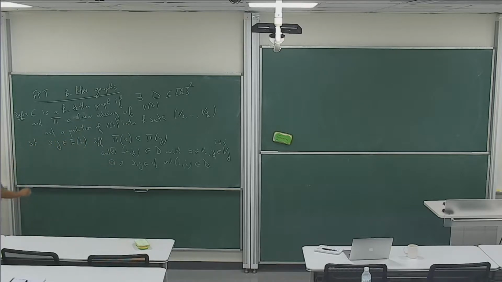So if I have X and this is Y, when can I have an edge between X and Y? I'm only looking at the sets containing X and Y. So the set containing X is Vi, the set containing Y is Vj, and I'm asking whether ij is in my D or not.